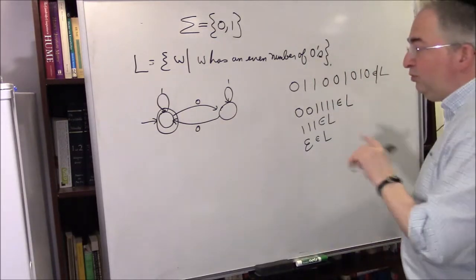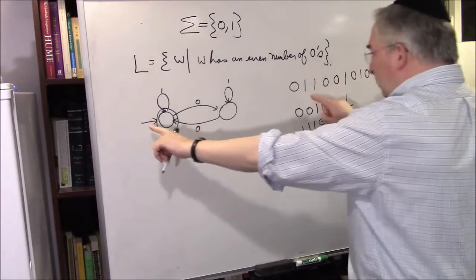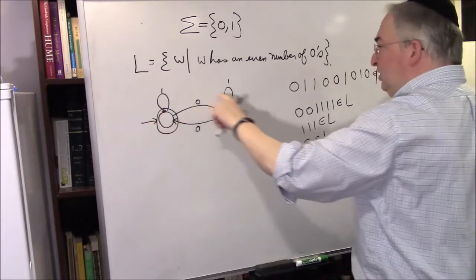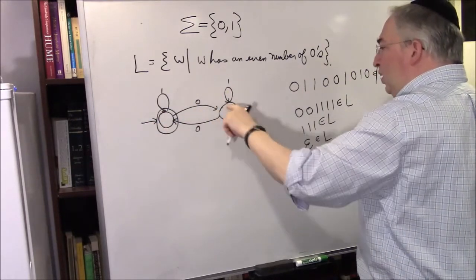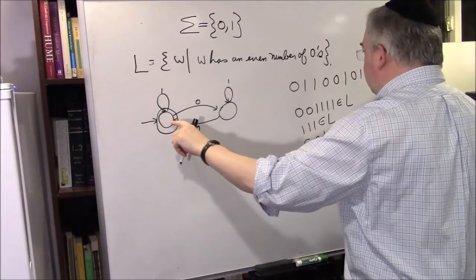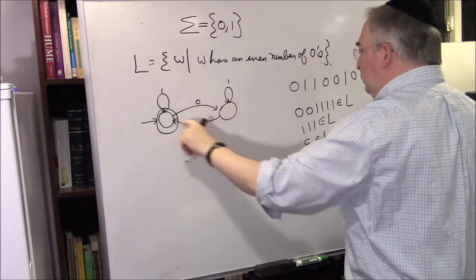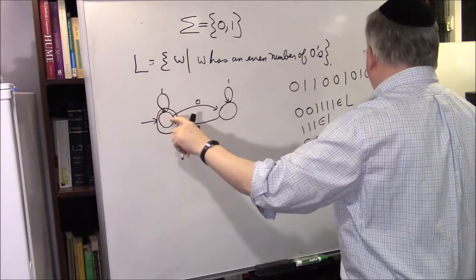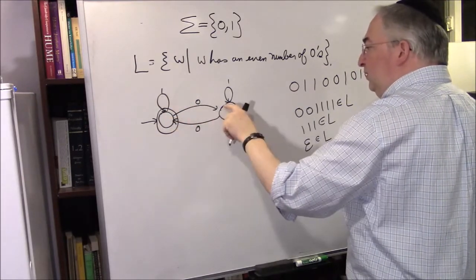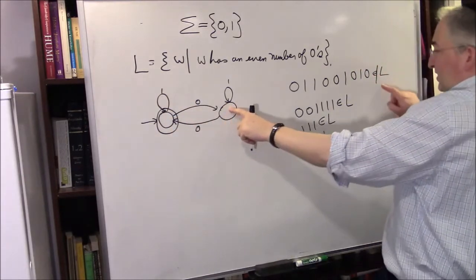Okay, let's just go through these things. We're going to do this with this word. You ready? 0, 1, 1, 0, 0, 1, 0, 1, 0. He's here. He ends up here. He's not accepted.